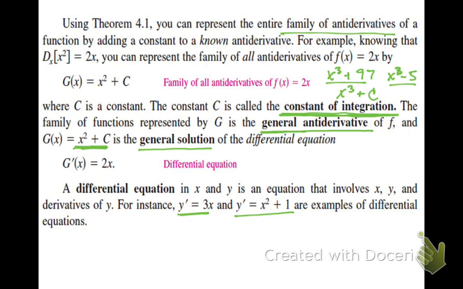So when we solved those, we made it equal to the derivative when we solved them. So what we're going to be looking at is those. So we are looking at a differential equation, and then we're finding the antiderivative of it. So we have: find the general solution of the differential equation y prime equals 2.